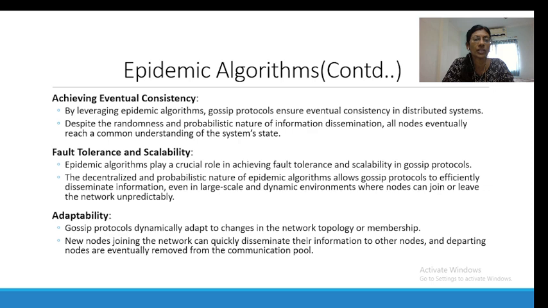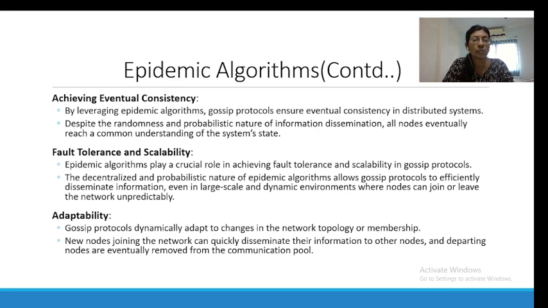Achieving eventual consistency. By leveraging epidemic algorithms, gossip protocols ensure eventual consistency in distributed systems. Despite the randomness and probabilistic nature of information dissemination, all nodes eventually reach a common understanding of the system's state. Fault tolerance and scalability. Epidemic algorithms play a crucial role in achieving fault tolerance and scalability in gossip protocols.